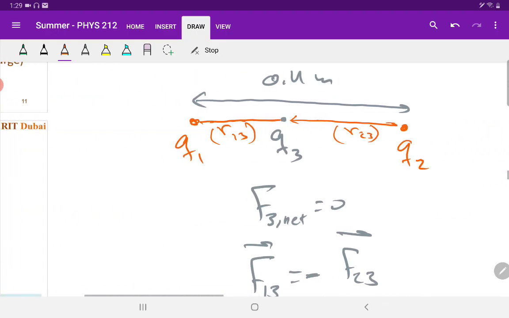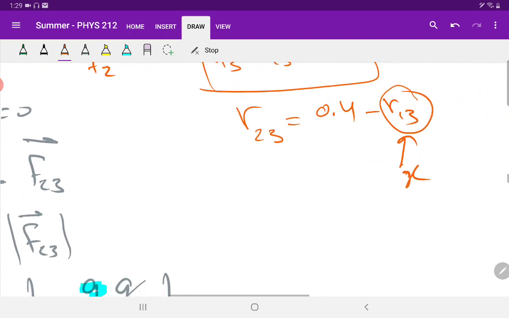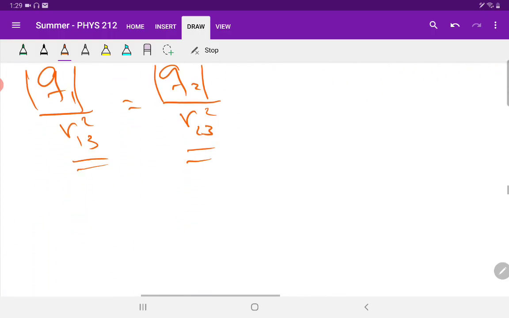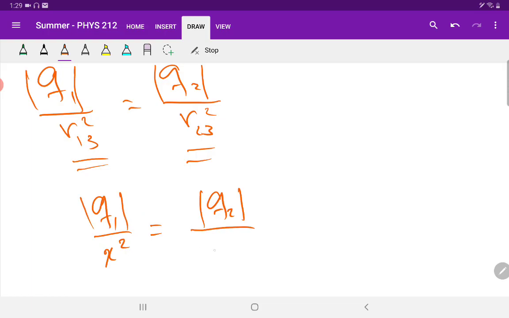Because the first charge is located at the origin, I can call this one x. So in this case, I will be able to solve Q1 over x squared equals Q2, as a magnitude, divided by (0.4 minus x) all squared.